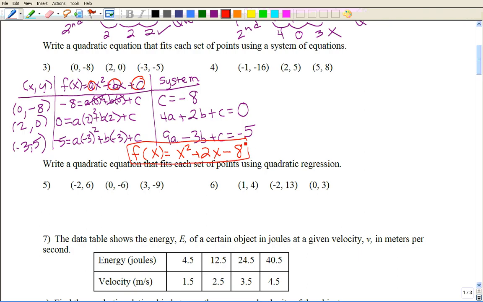Okay, so let's do this again for the next one. So again, let's make our little table.